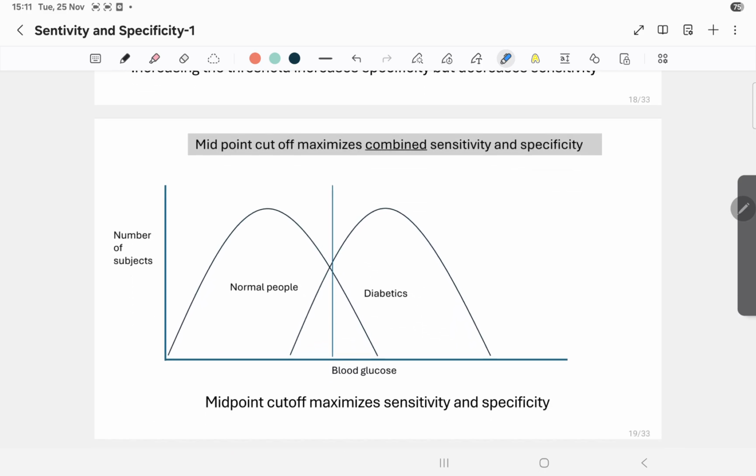If you take the midpoint cutoff, it will maximize the combined specificity and sensitivity. So if you want a test which has combined maximum specificity and sensitivity, you will take a midpoint cutoff. Okay, so midpoint cutoff maximizes sensitivity and specificity.